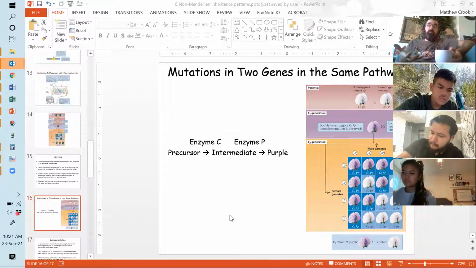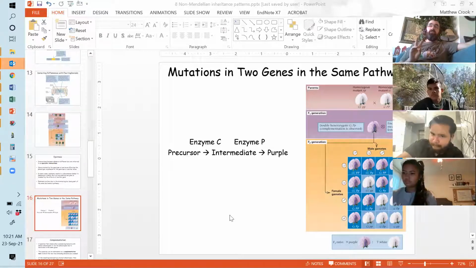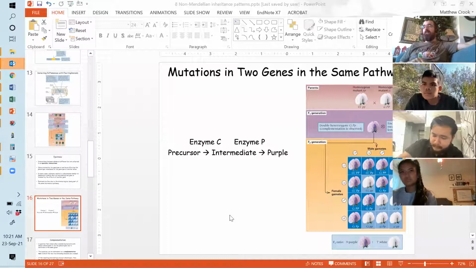So you typically start with something, and you turn that into something else, and then something else, and then you end up with the product at the end that you want. So if that product is a visible one, then you have to have both genes functioning to see that visible outcome.